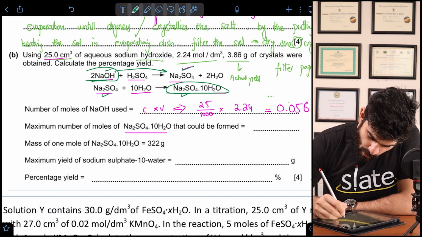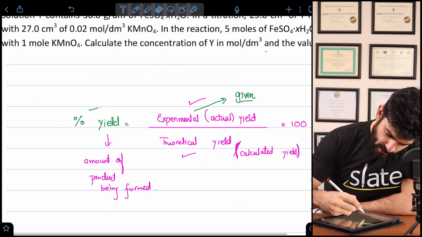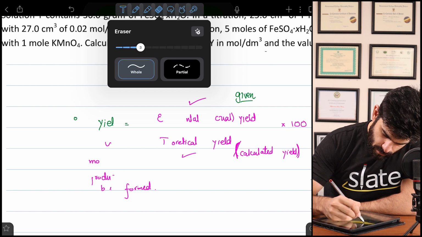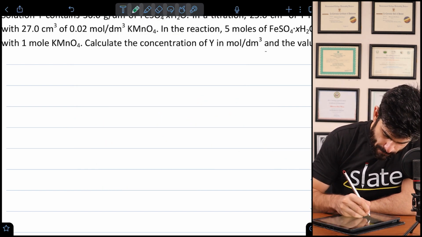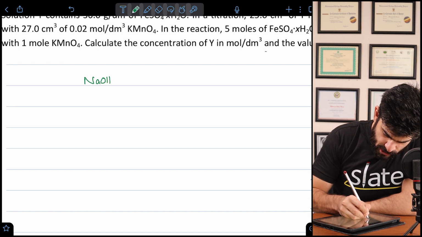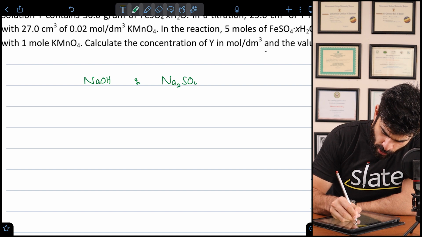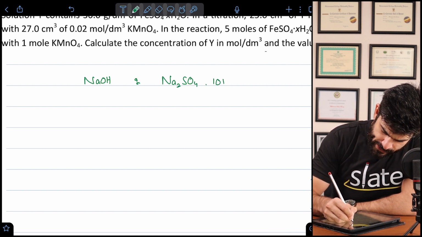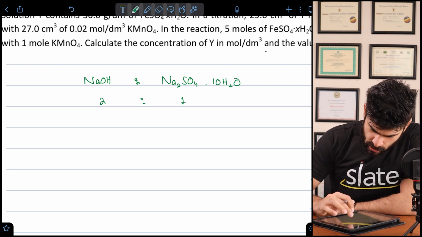So this is obviously 1:2. Let me erase it. So NaOH ratio Na2SO4·10H2O: 2 moles of sodium hydroxide, 1 mole of the salt.